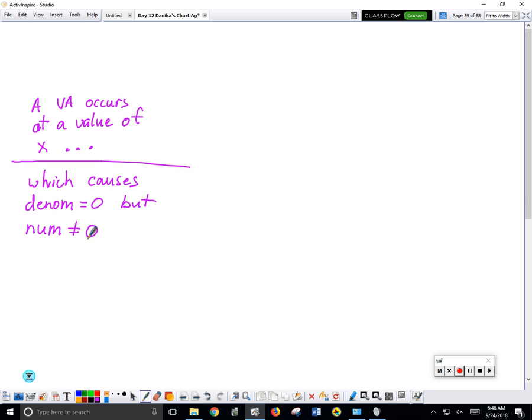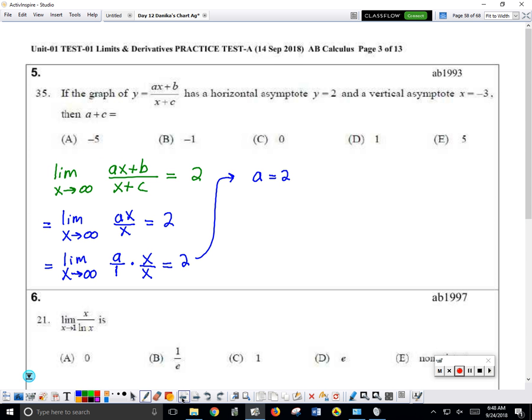That needs to be embedded in your memory so that when you read this problem, you think of that, like Ashley was doing. You think, oh, okay, vertical asymptote means I take the numerator, plug in the x value, and the denominator, plug in the x value. I want the top to end up being not 0, but I want the bottom to equal 0.